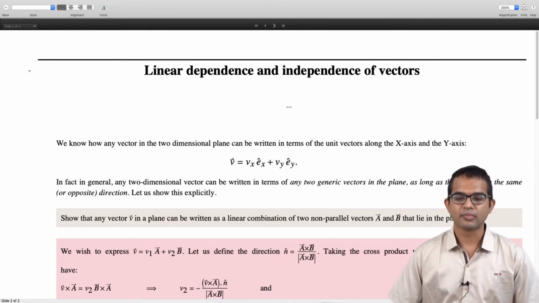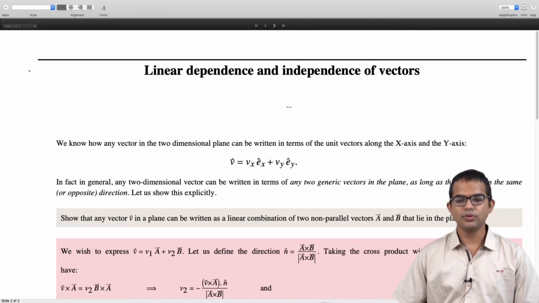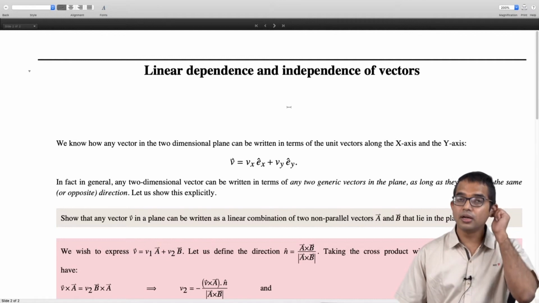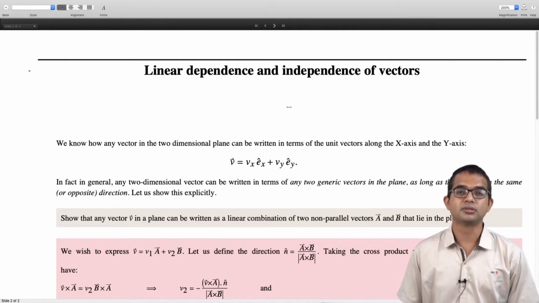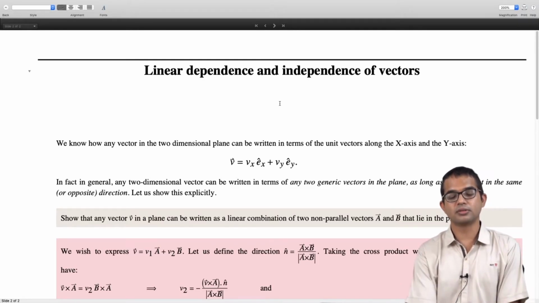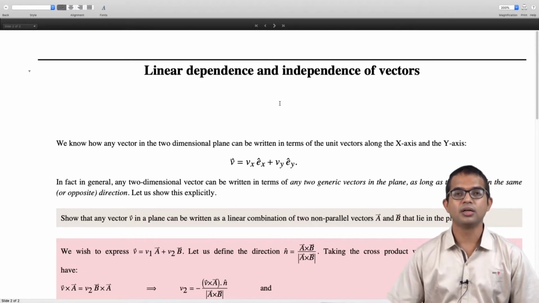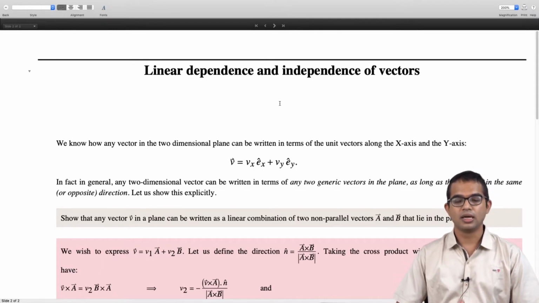Okay, so let's hark back to 2D vectors, simple two-dimensional vectors that we are all familiar with. Any arbitrary vector in the two-dimensional plane, which is something that we take for granted, can be expressed in terms of some scalar along the x direction plus some other scalar times the y direction, with a unit vector along the y direction and a unit vector along the x direction.